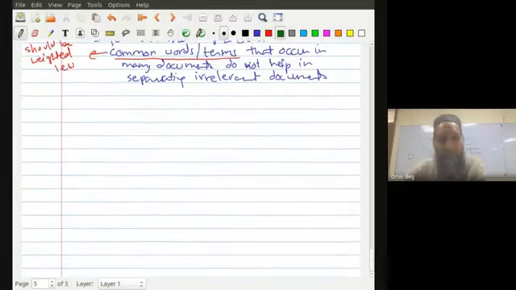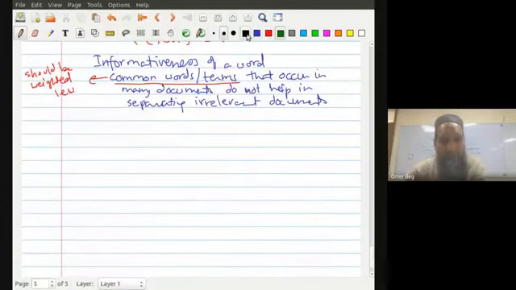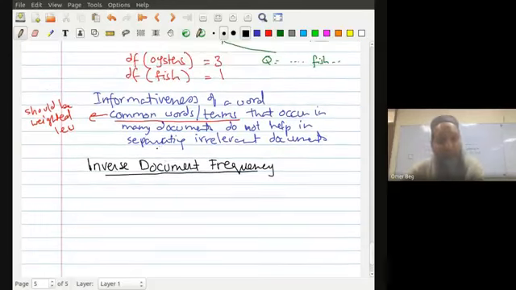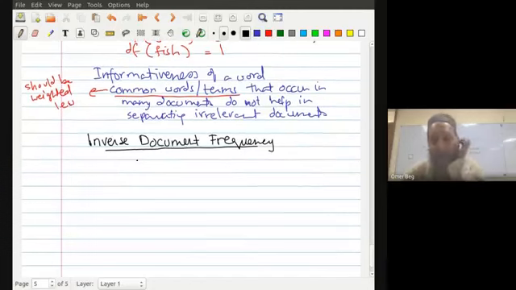So for that, we have something called inverse document frequency. It is inverse because we are saying a term is rare and yet it is very important, and that's why we take the inverse, and it comes in very few documents.